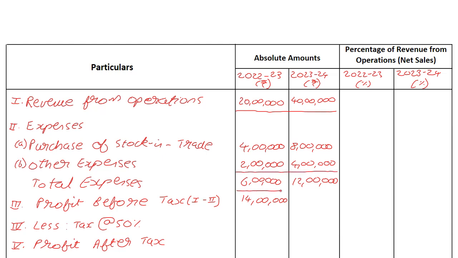Similarly, 40 lakhs minus 12 lakhs gives us 28 lakhs. From that, we subtract tax. 50% means half: 7 lakhs and 14 lakhs. Subtracting gives us the same number, so again 7 lakhs and 14 lakhs.